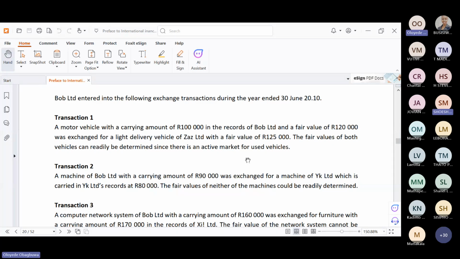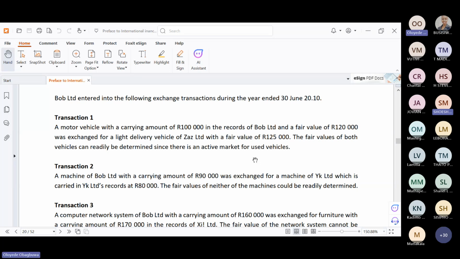And then the other one, Z's books, how is he also going to note down the transaction? Because he is getting 120 and then giving away 125. Or is he still going to record in his books as 125, the same amount as the amount that he gave away?